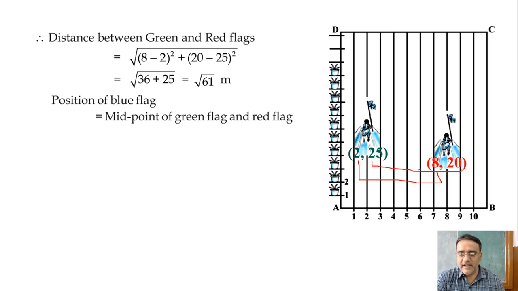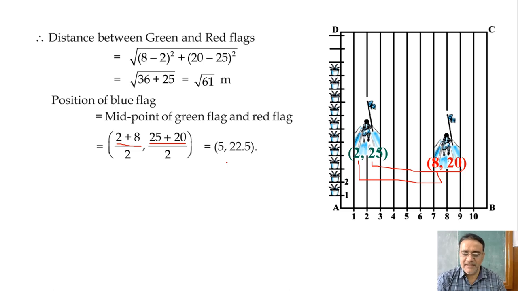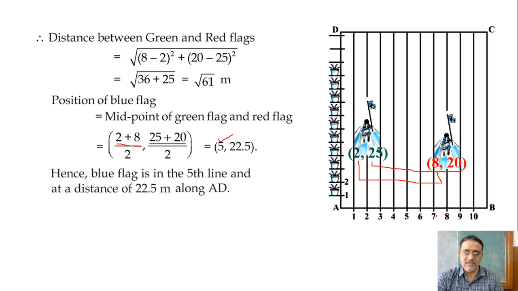That is (2 plus 8) by 2 and (25 plus 20) by 2. So 10 by 2 gives 5 here, and this is 45 by 2. So we are getting 22.5. So hence the blue flag is on the 5th line, okay, first the point is related with the line, and 22.5 meter distance along AD. This is the answer. Any doubt here?